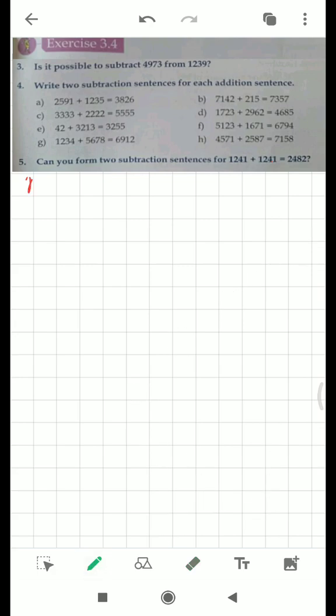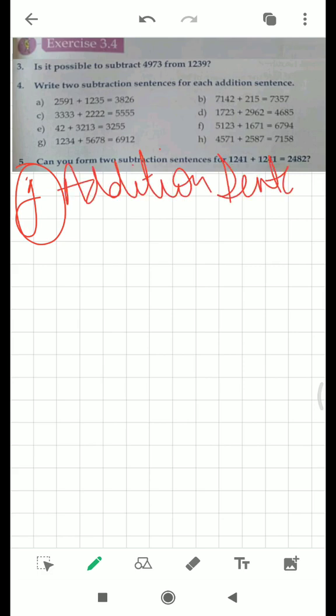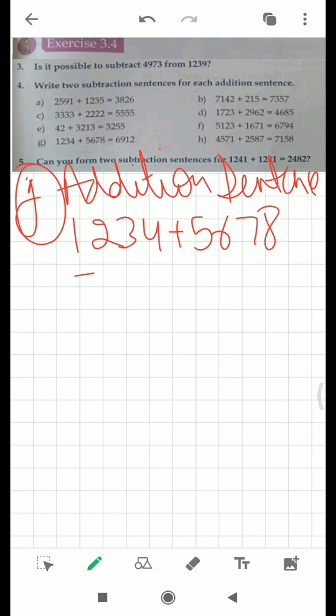G part, addition sentence: 1234 plus 5678 comes out to be 6912.